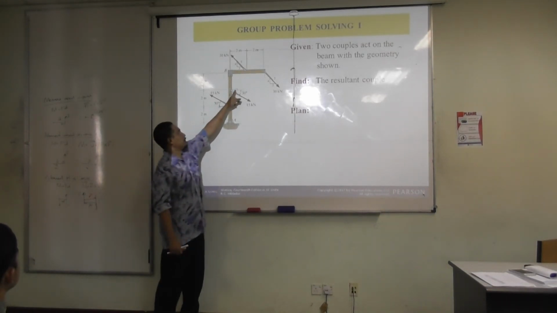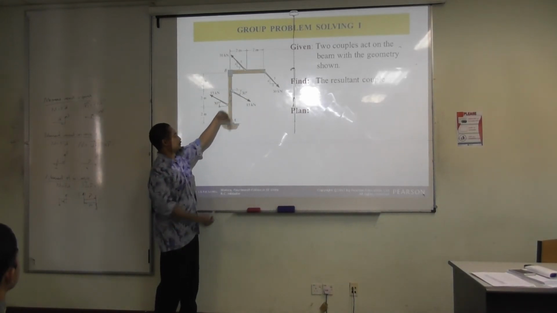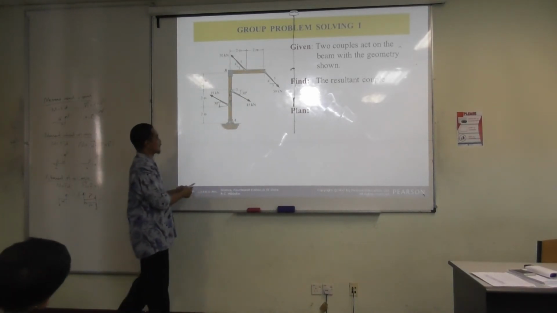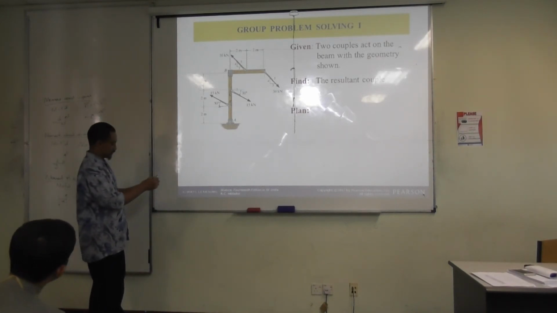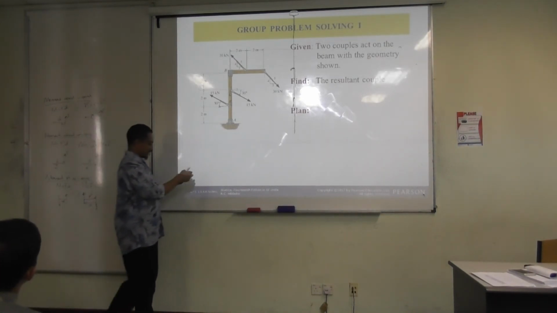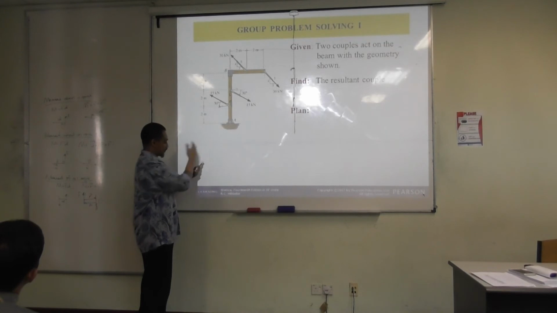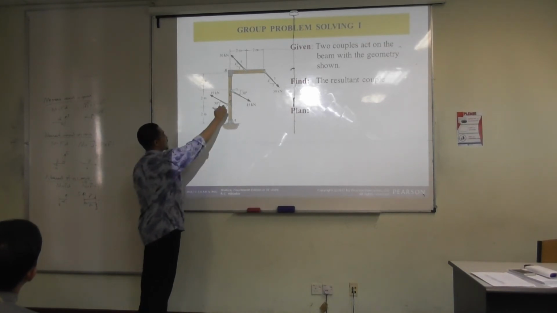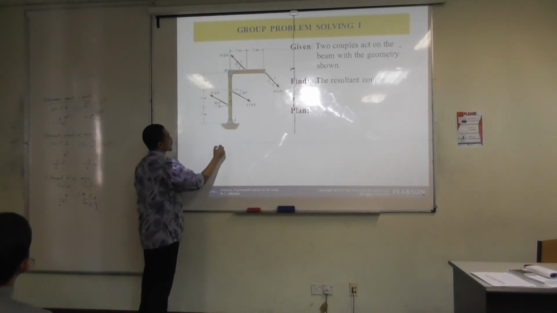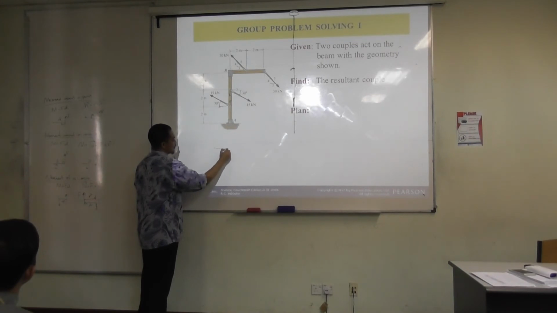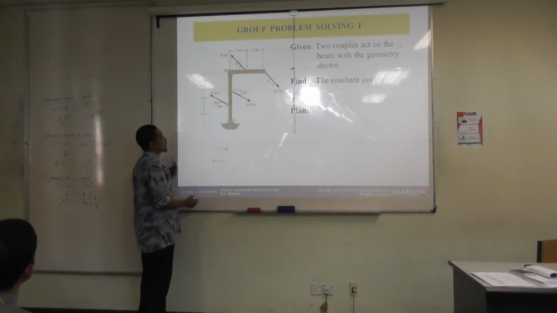This one and this one will be a new couple, this one will be a new pair. But because they go directly toward each other, they don't have any rotation. So you should be able to resolve and then visualize that. In this case, for this horizontal one, it will be something like this. This will be the couple, right? What will be the value of the couple?